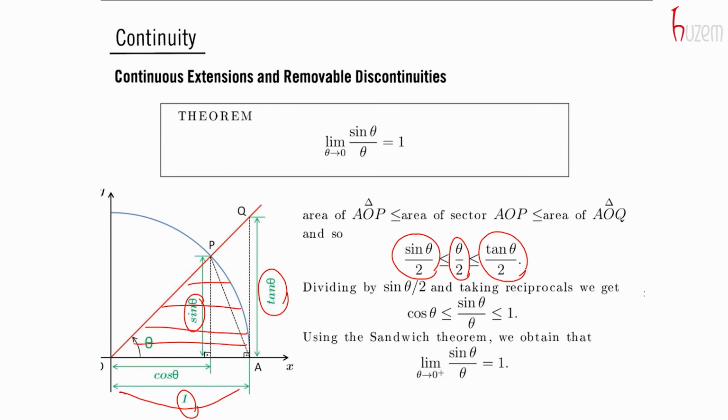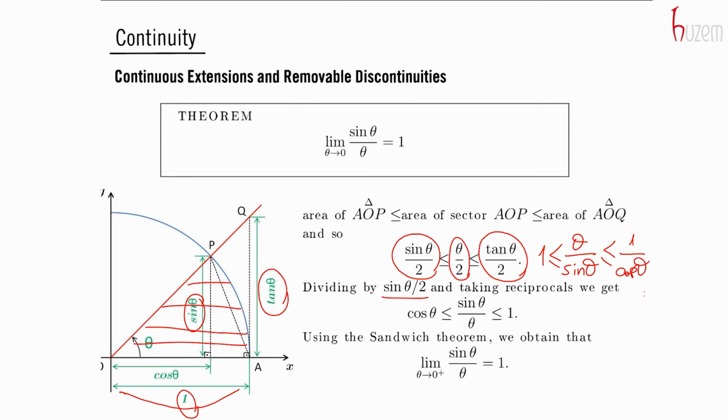So we have these inequalities. Now if we divide by sine theta divided by 2, we get this inequality: 1 is smaller than or equal to theta divided by sine theta, smaller than or equal to 1 over cosine theta.